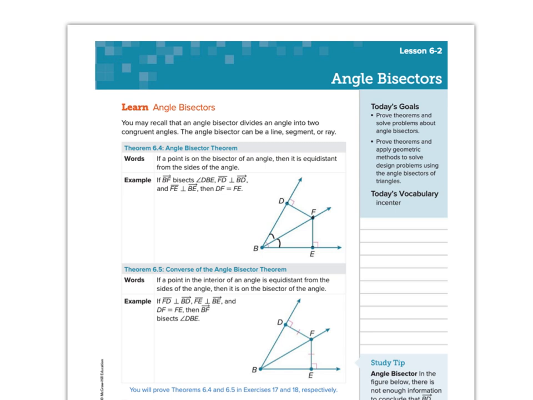And then from the sides of that angle, if DF bisects DBE, FD is perpendicular to BD. And the same thing goes for FE is perpendicular to BE.